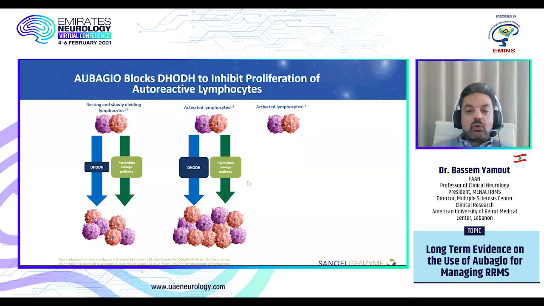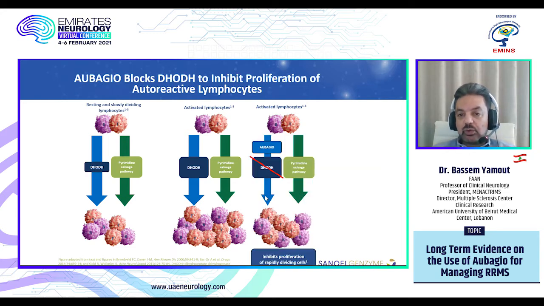However, once there is an active inflammation like MS, the lymphocytes start dividing very rapidly, and then the salvage pathway is not enough, and they have to use the DHODH pathway to proliferate quickly and faster. And this is where teriflunomide works. So Aubagio basically will inhibit this enzyme, decreasing therefore the lymphocyte proliferation, leading to a mild decrease in the number of lymphocytes. So this is the basic mechanism of action.